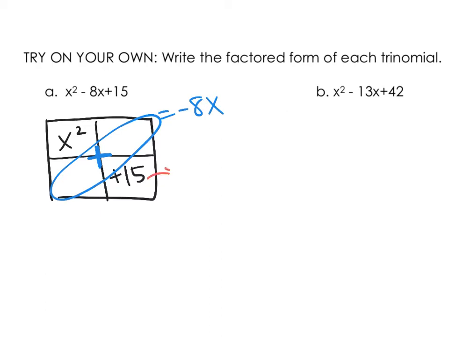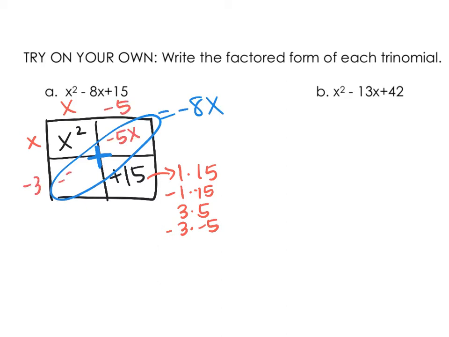So you had a bunch of options: 1 times 15, negative 1 times negative 15, 3 times 5, or negative 3 times negative 5. Not too many, not too bad. So x squared is x times x. And then you should have gotten the negative 3 and the negative 5 when you put them in there and multiplied it out. They do add to give you that negative 8x.